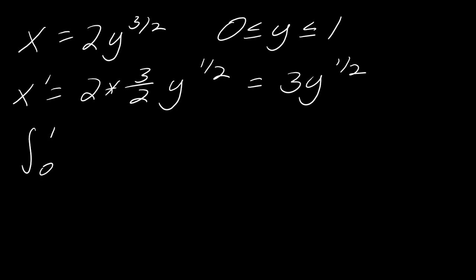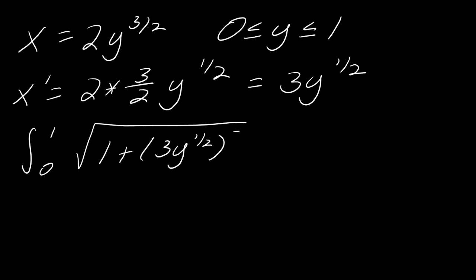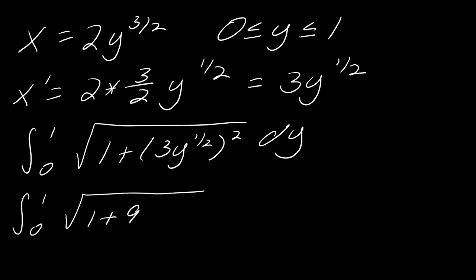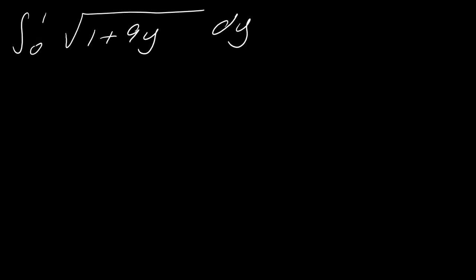This will be from 0 to 1, the square root of 1 plus (3y to the 1/2) squared dy. Sorry, it's the y to the 1/2 that's squared, and this just becomes 1 plus 9y. Right. Okay, so I'll make some space.